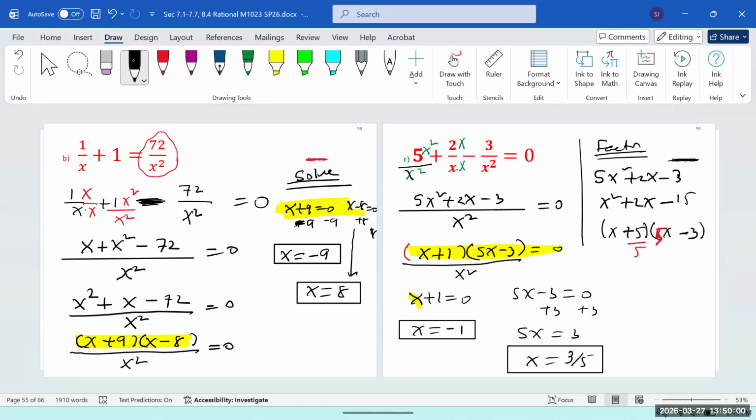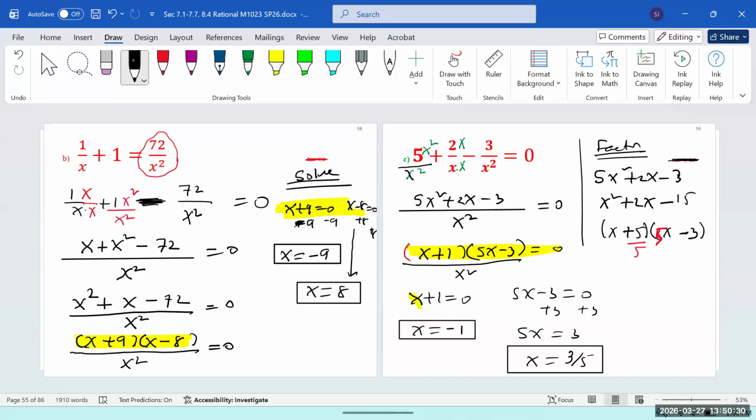Then you bring your A. One of these is divisible by A. 5 is divisible by A, so divide by A. 3 is not divisible by A, so multiply the variable by A. That means we get x plus 1 after the division, and this is 5x minus 3. These are the two factors you're supposed to get if you use the normal AC method, the grouping AC method.